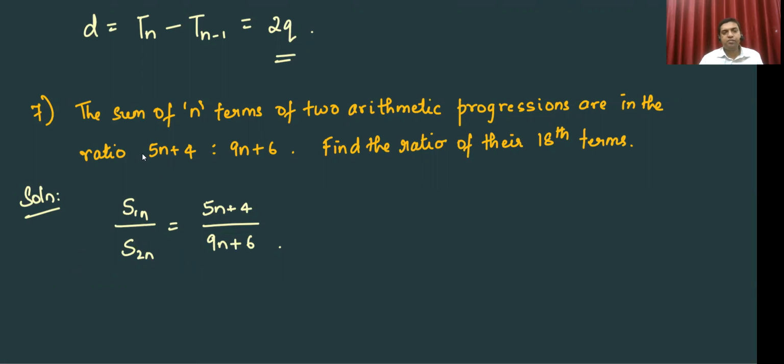Generally, sum to n terms will have a common proportion.